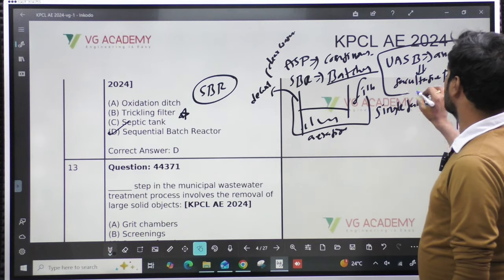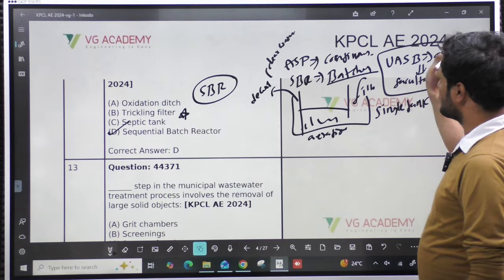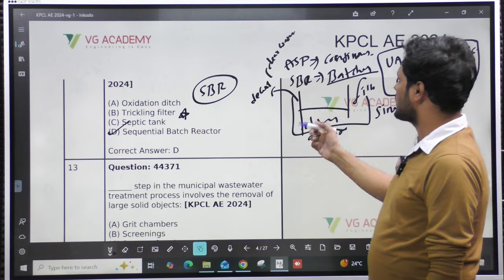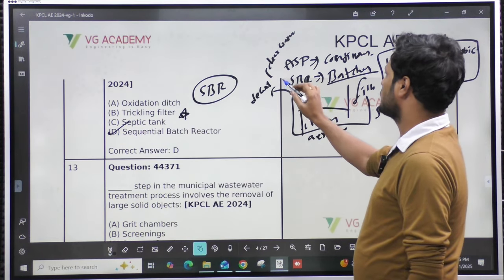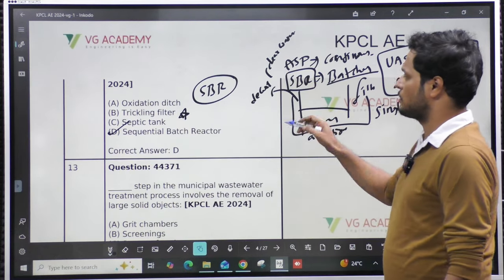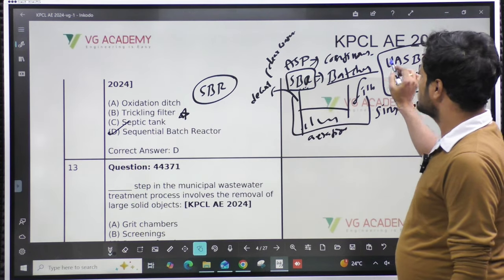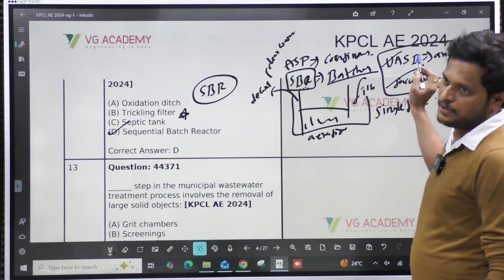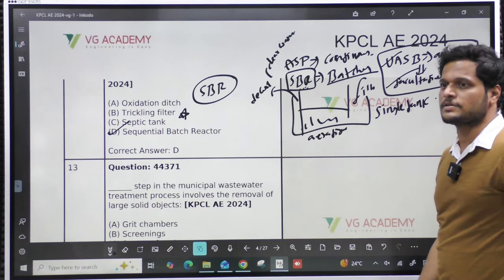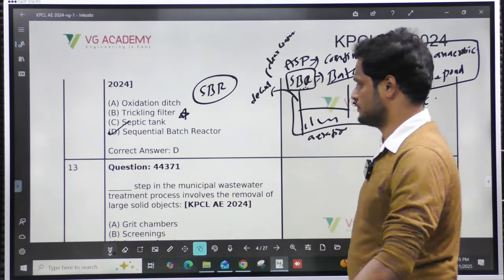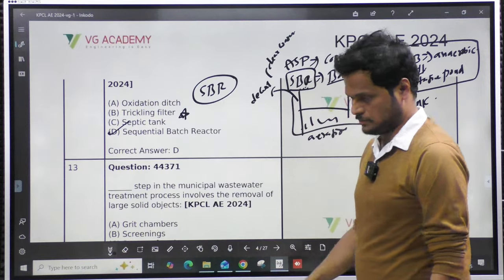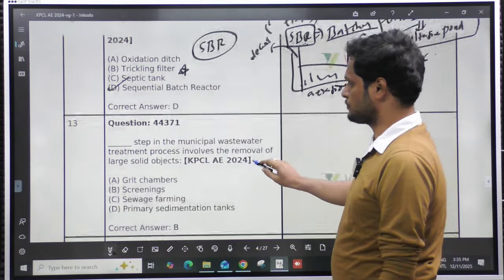This is the technology they used for the previous STP. In the current STP constructed in Hyderabad, Ambarpet, they are using sequential batch reactor now. So this is aerobic, this is anaerobic, this is facultative. Three things we can see in Ambarpet STP now.